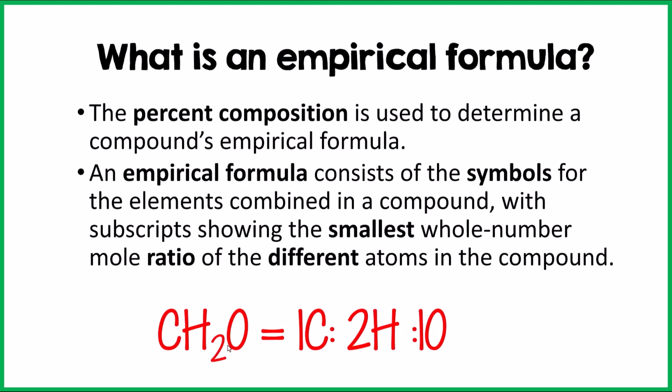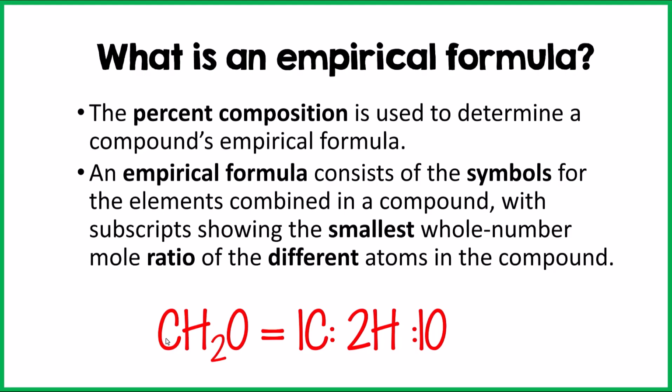CH2O is giving us the empirical formula here, telling us that there's a ratio of 1 mole of carbon for every 2 moles of hydrogen and 1 mole of oxygen. So this would be the empirical formula. Now, that formula may or may not actually be CH2O for that substance.